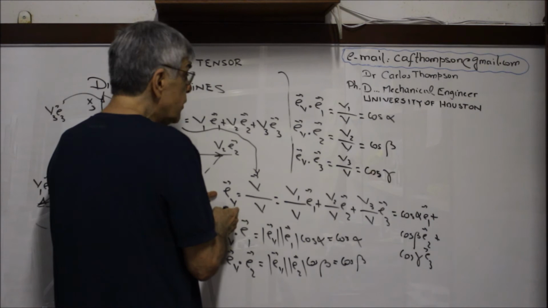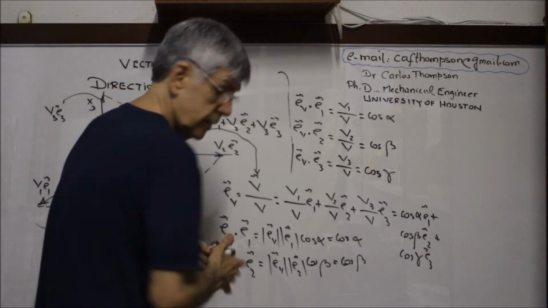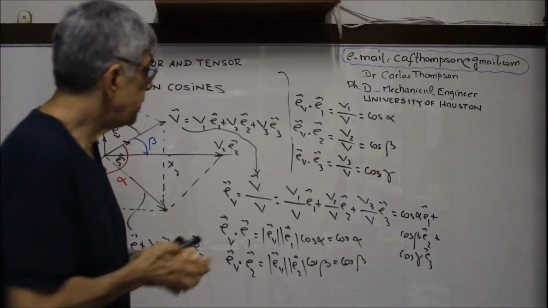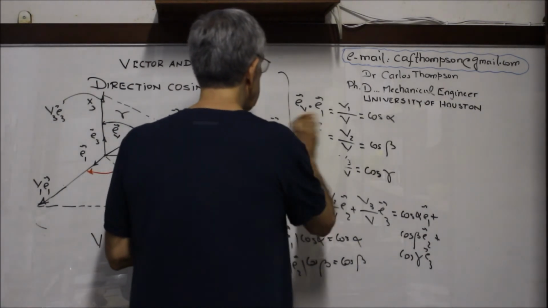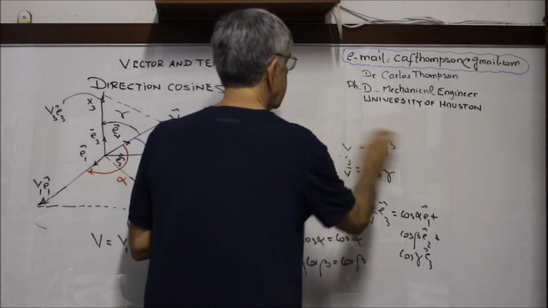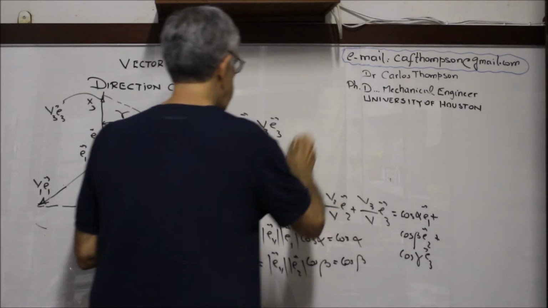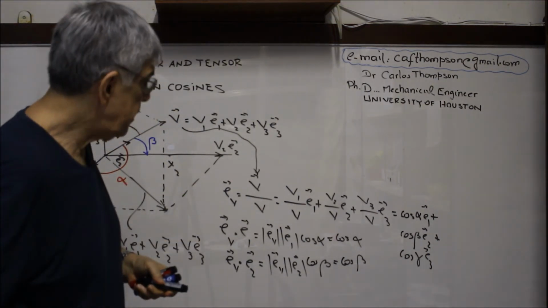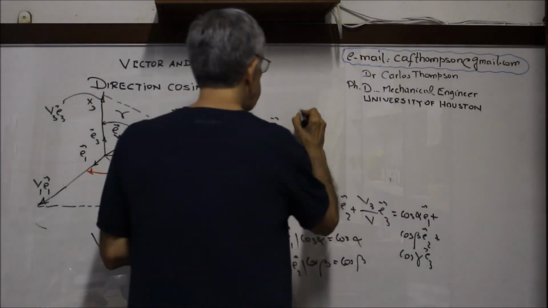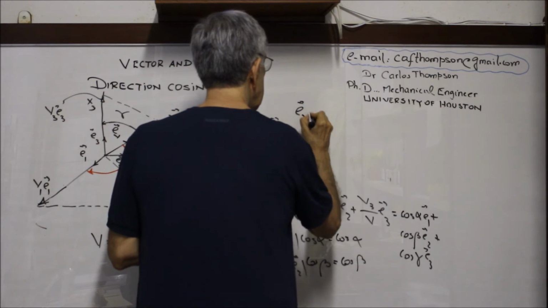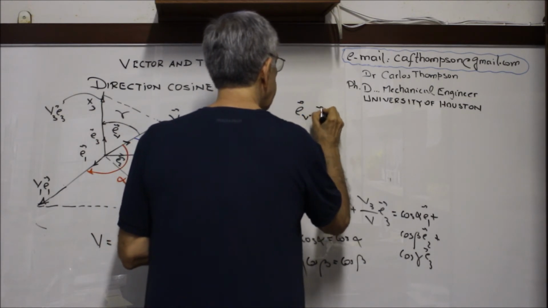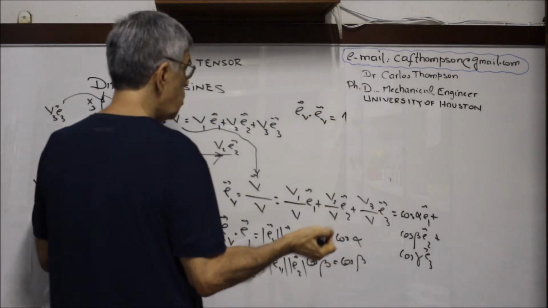Now, let's get this dot product here, EV dot EV. This is equal to 1. Why?